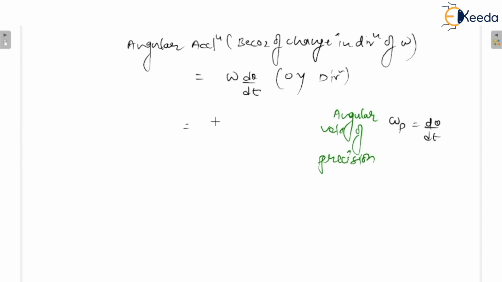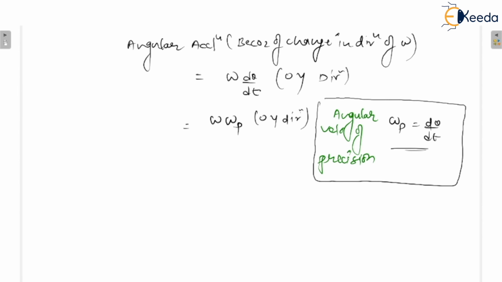So I can write it as omega p, in the y direction. This is very important: omega p is the angular velocity of precession, d theta by dt, the change in angular displacement with time.